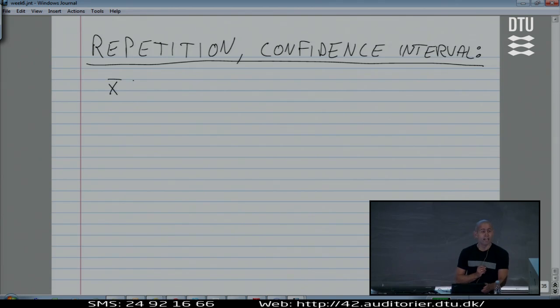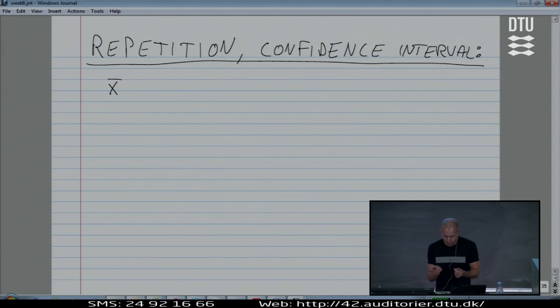That is, in the case where we are interested in computing a mean and using this mean to say something about the real world, the population that these numbers are supposed to be representative of. So we would compute the mean, or the average, we could also call it.